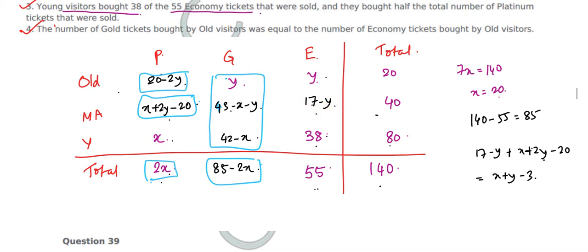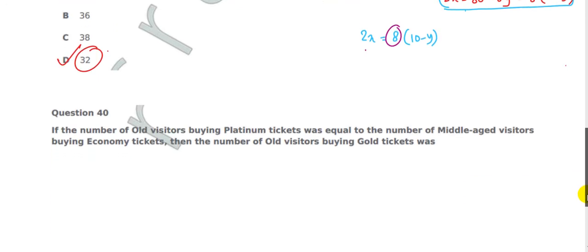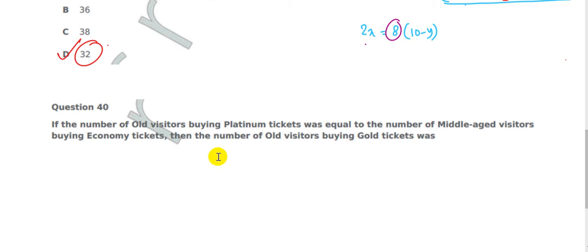So these two have to be same now. So 20 minus 2y equals 17 minus y.